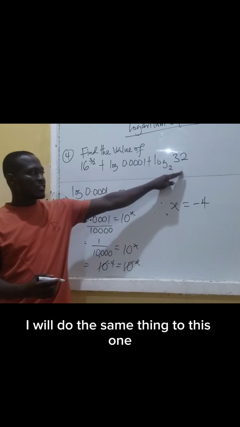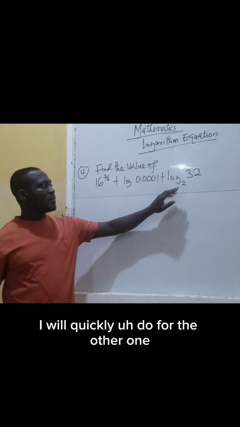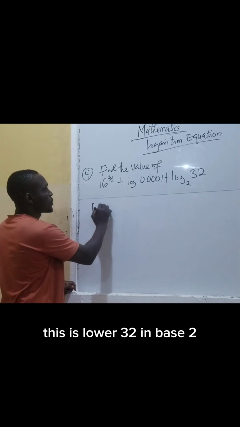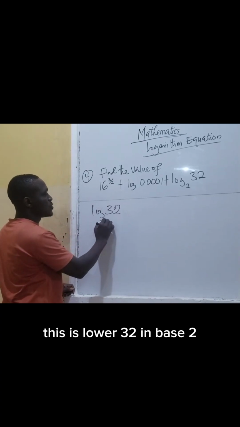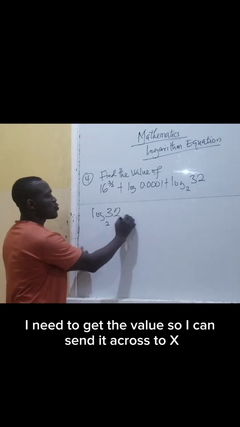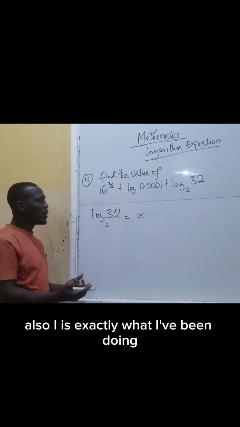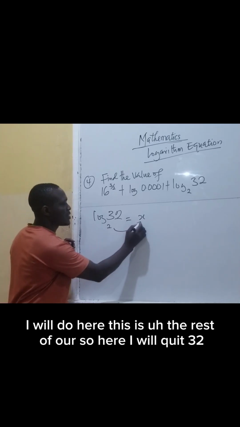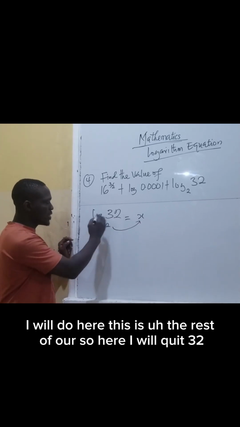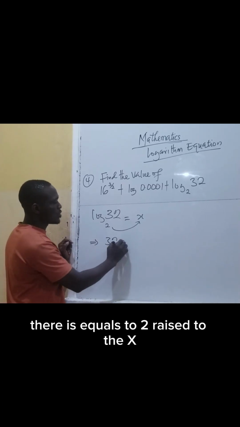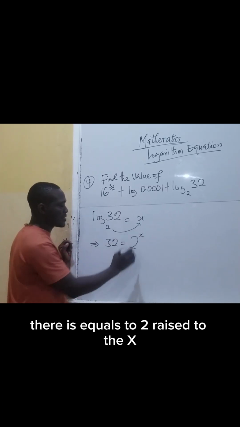So I'll be able to take care of this. I'll do the same thing to this one. This is log 32 in base 2. I need to get the value, so I can set it equal to x also. Exactly what I have been doing, I will do here. This is the raised to power. So here I will equate 32 to 2 raised to power x.